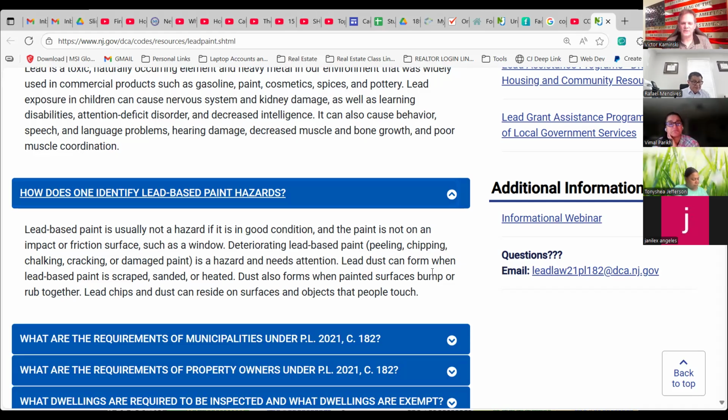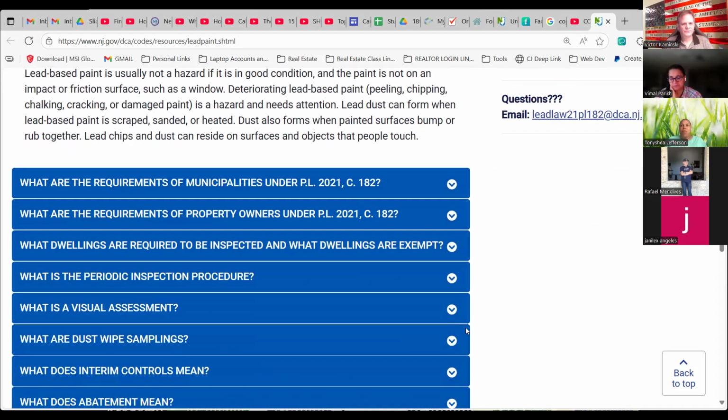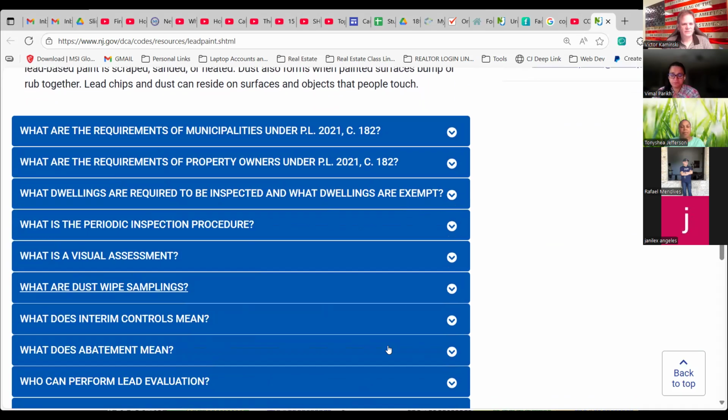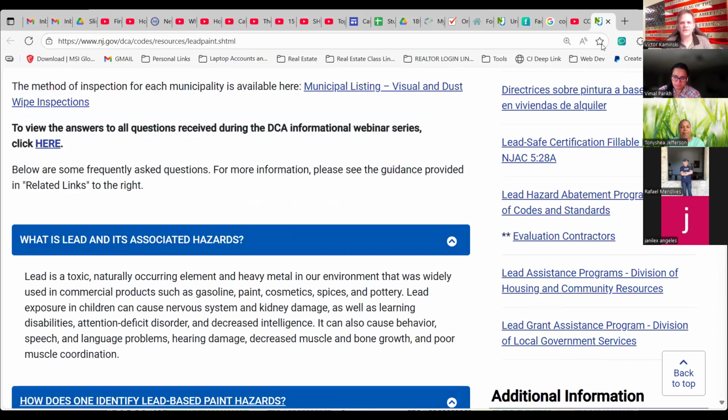Other paints that are flexible, they don't peel and chip. That's a sign of lead paint as it gets older. See what are the requirements, inspection procedures, visual assessments. I don't want to get too deep into this.